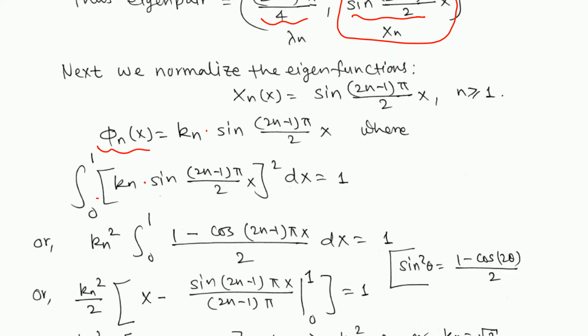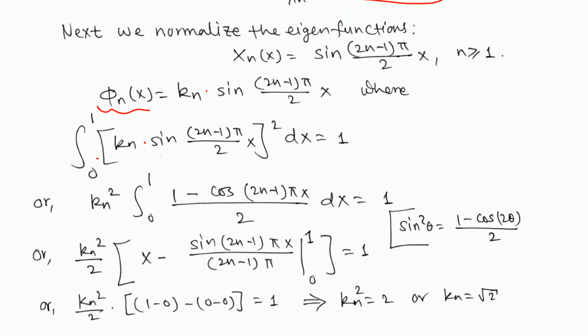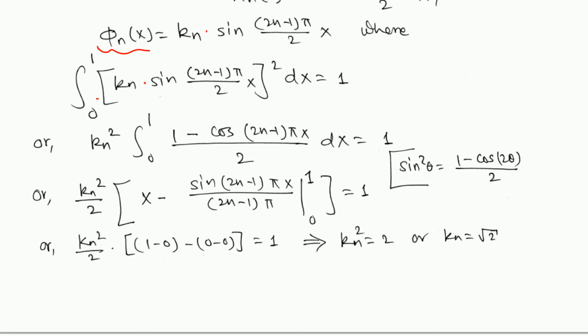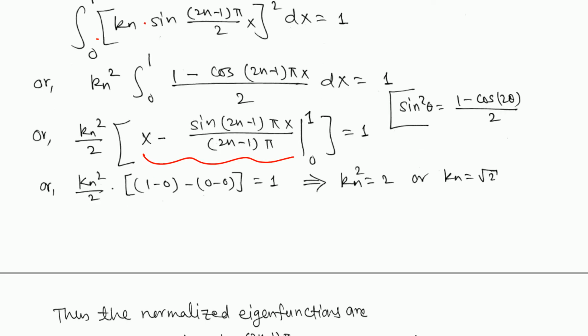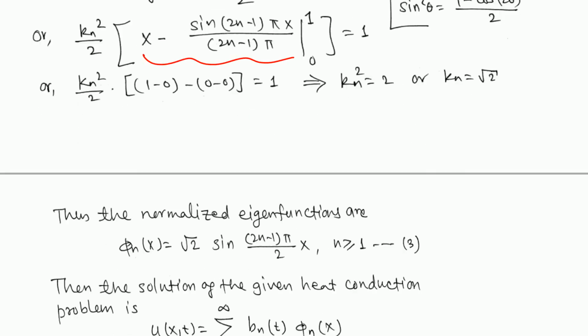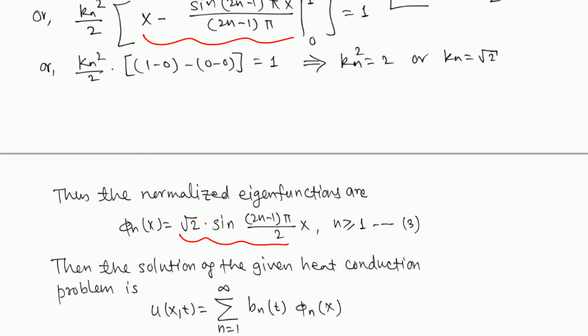Sine squared is (1 minus cosine 2 theta) over 2. Now integrate and evaluate from 0 to 1, and we get 1 from here. That means k_n squared equals 2, so k_n is root 2. So root 2 times sine of (2n minus 1) pi over 2 x, for all n greater than or equal to 1, are the normalized eigenfunctions.